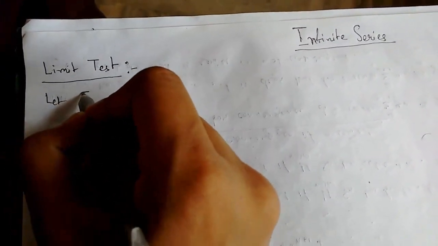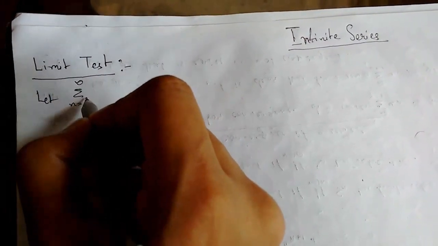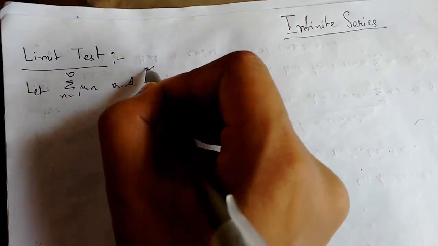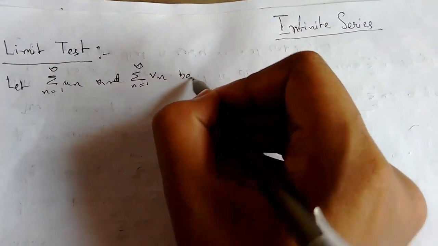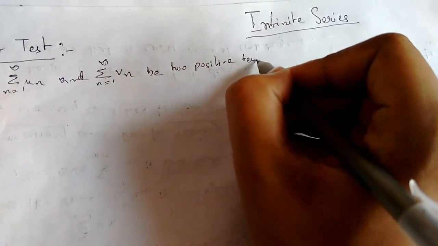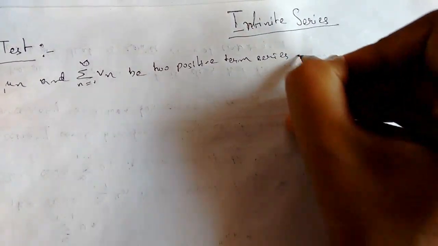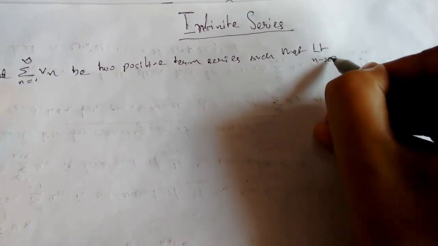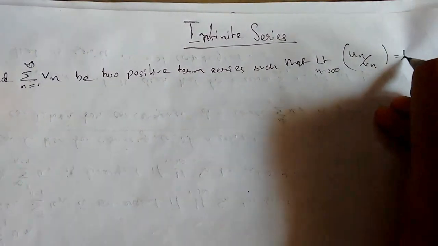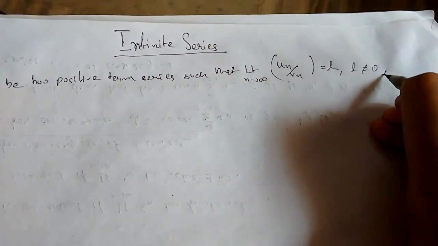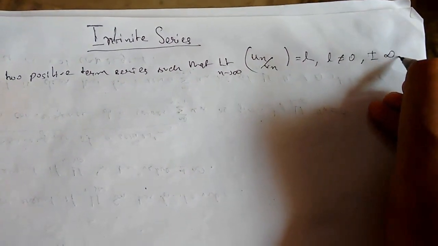Let summation un, n from 1 to infinity, and summation vn, n from 1 to infinity, be two positive term series such that limit n tending to infinity of u of n upon v of n is equal to L, where L is not equal to 0 and not equal to plus or minus infinity.